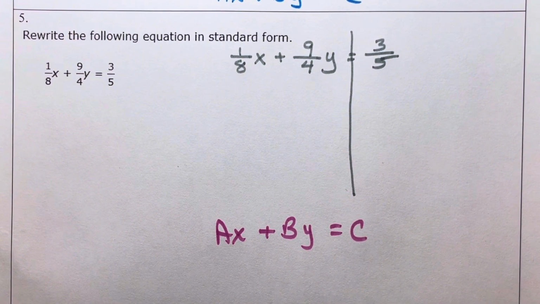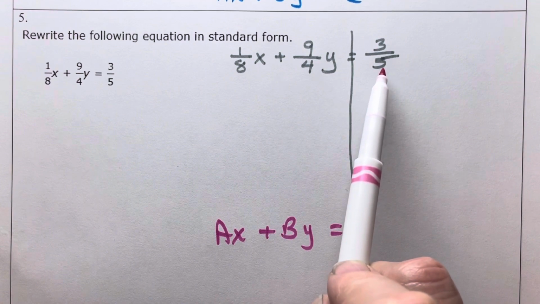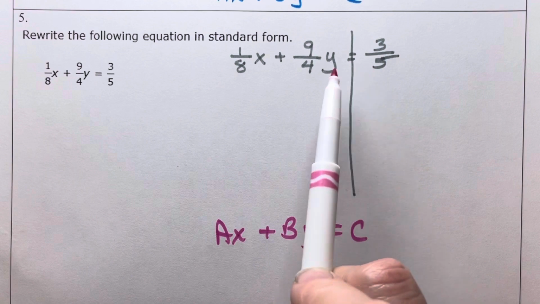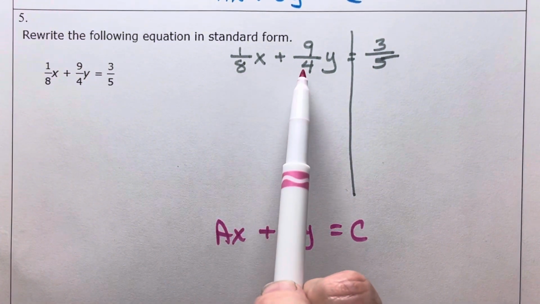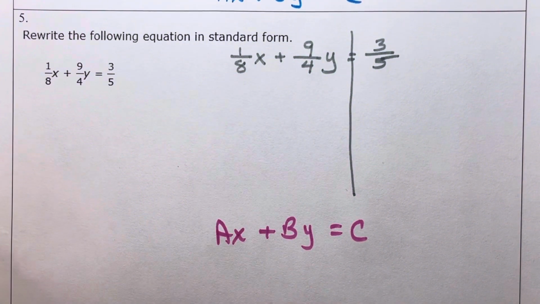All right. So we looked in example 4, and we saw that when you have fractions, we need to multiply by a denominator to get rid of the fractions. And since our fractions have different denominators, we have to do this more than once.